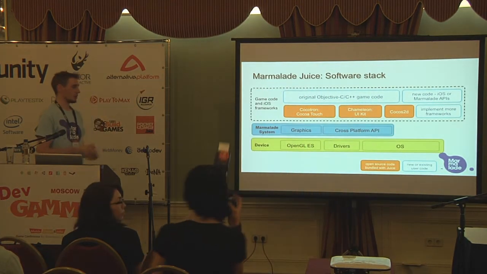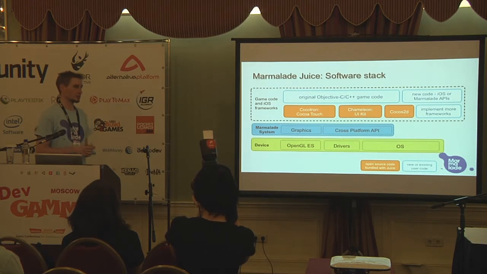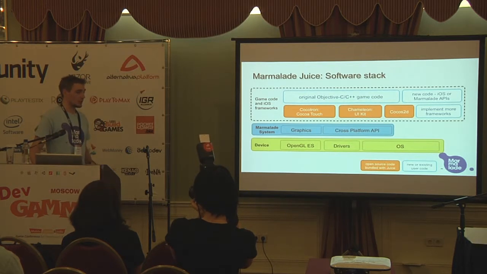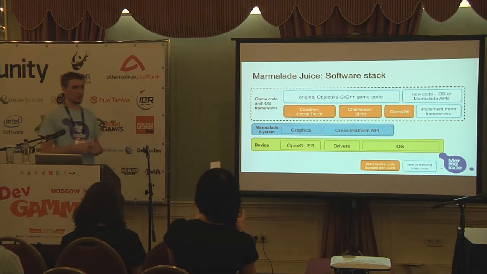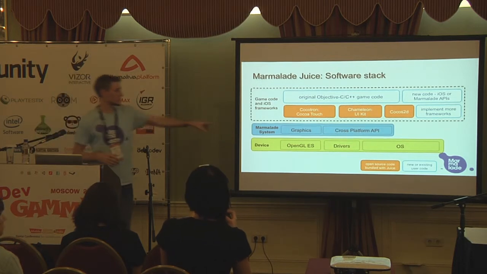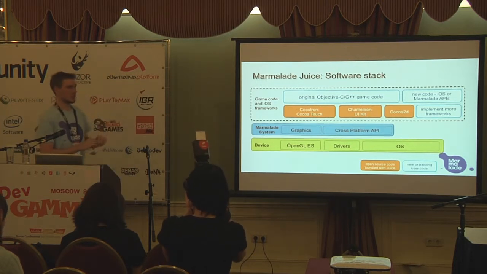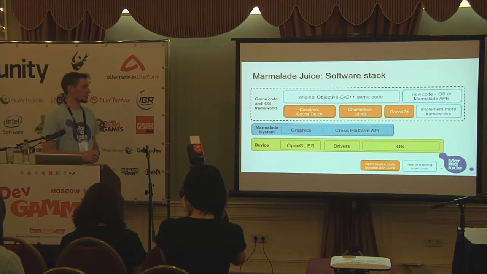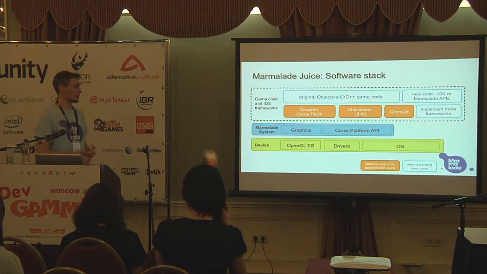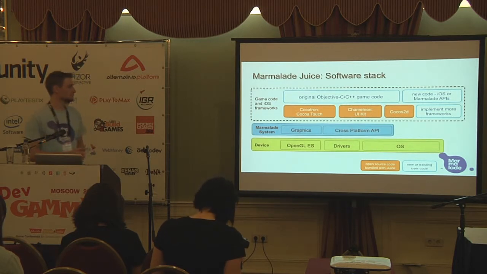This level is very low, so you won't be able to show great performance. You have to create your own frameworks that will enable you to use high-level abstractions. So we introduced our Marmalade system as that lowest layer, which contains graphics and cross-platform APIs.